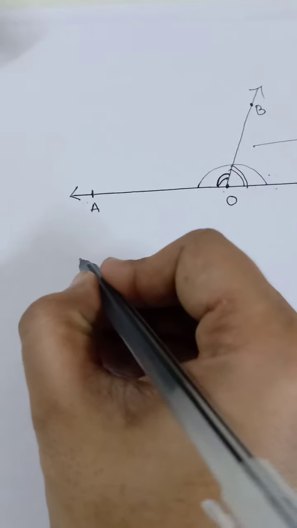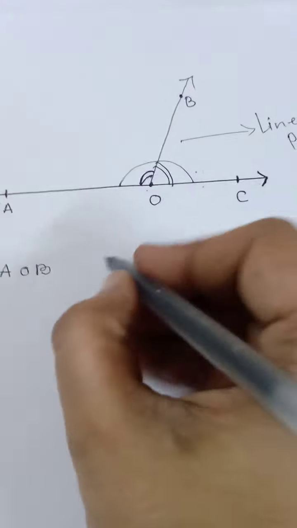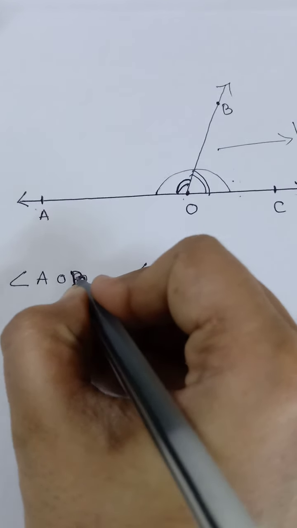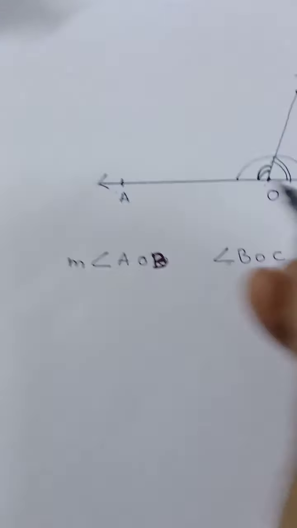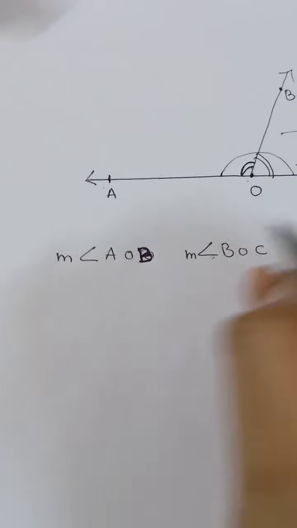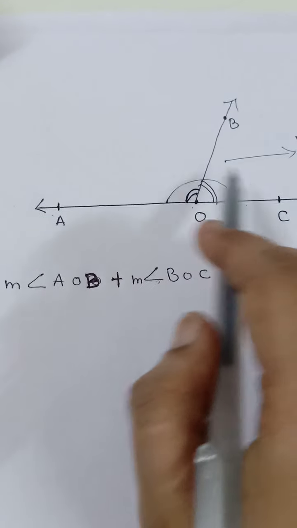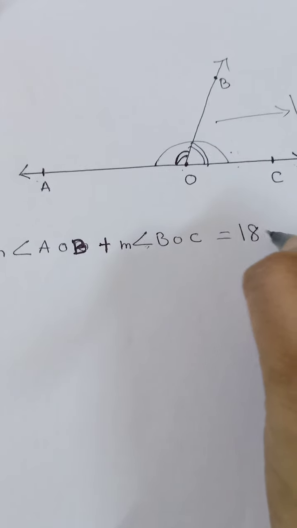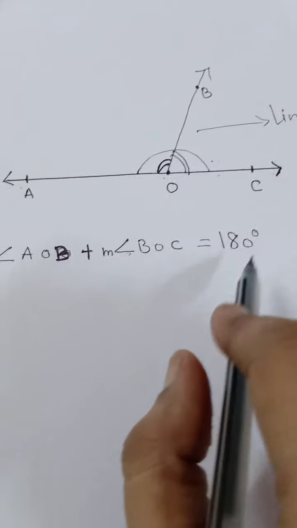The first angle is angle AOB. The second angle is angle BOC. The addition of the measures of these two angles is always 180 degrees, because the angle on a straight line is 180 degrees.